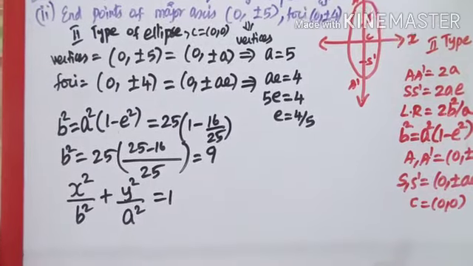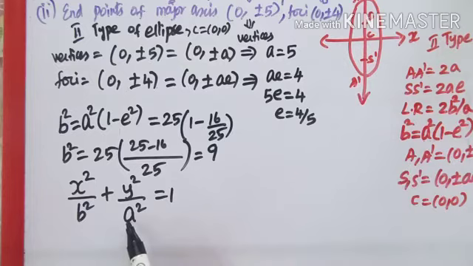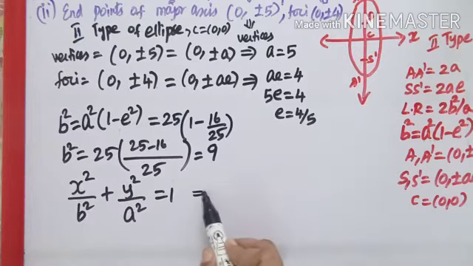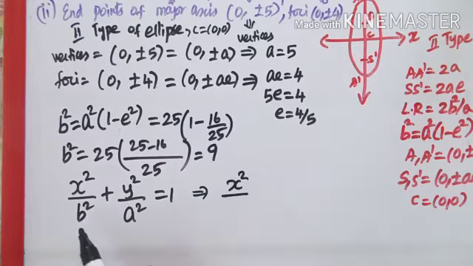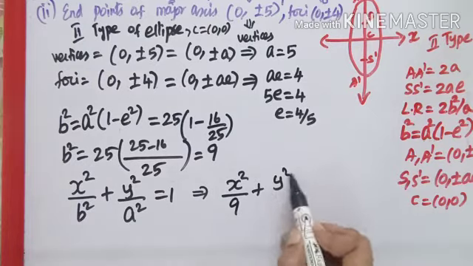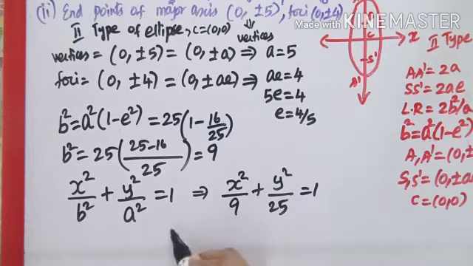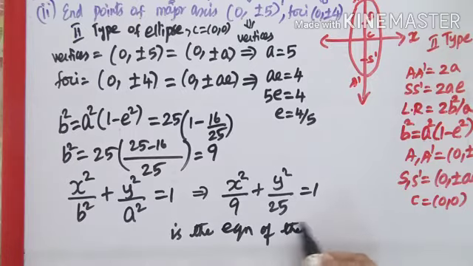Why do we write y square by a square? Because it is second type. Bigger number will come under y. And center 0, 0. So no need to put minus h minus k. Now this represents x square by b square value 9 plus y square by a square value 25 equals to 1, is the equation of the ellipse with the given conditions.